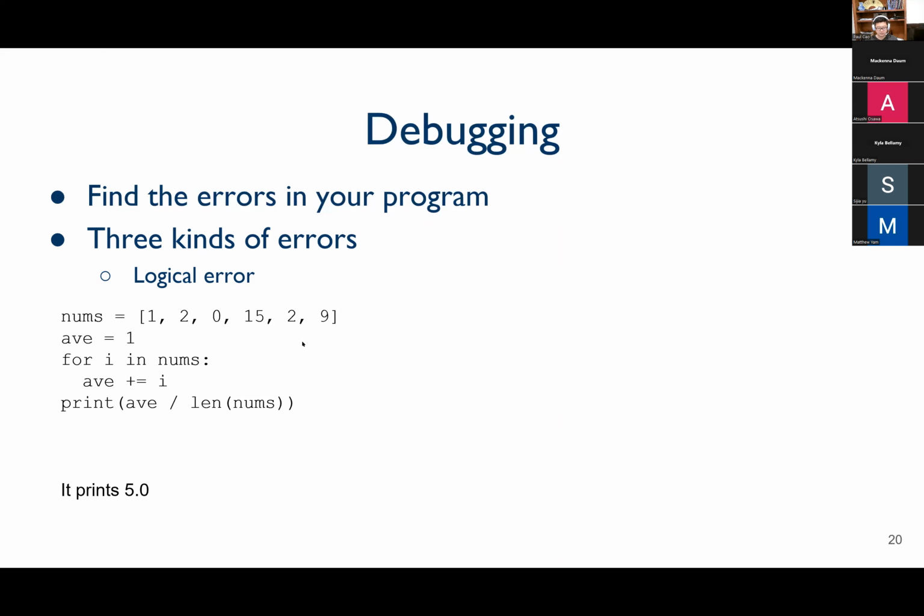The average of these values should be 4 point something, but it gives you a 5. So why? Your result is off a little bit, but the problem is you have some incorrect assumptions about the code. In other words, you have wrong logic. And this is the worst.